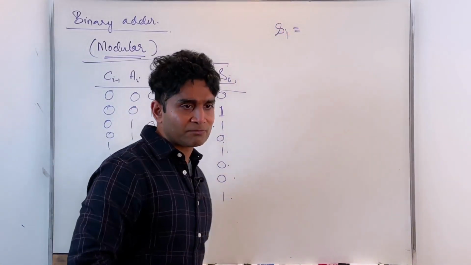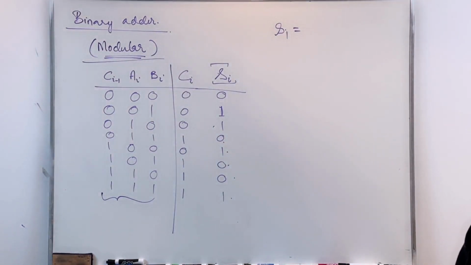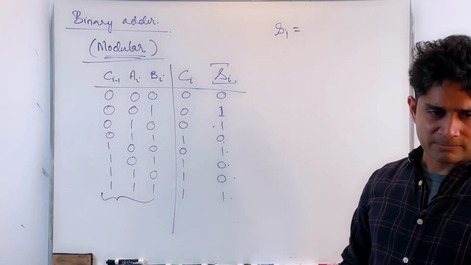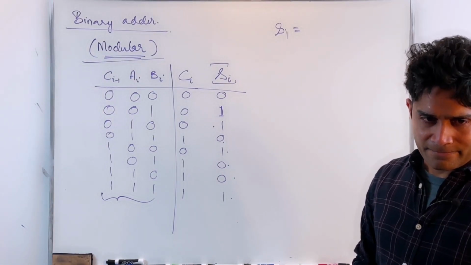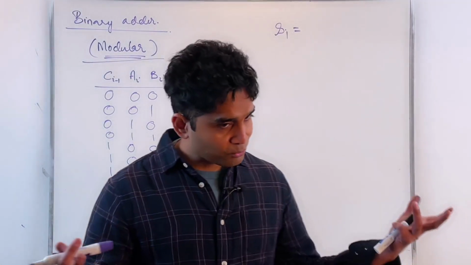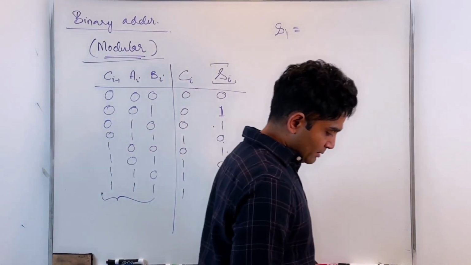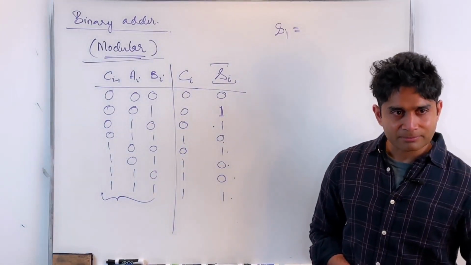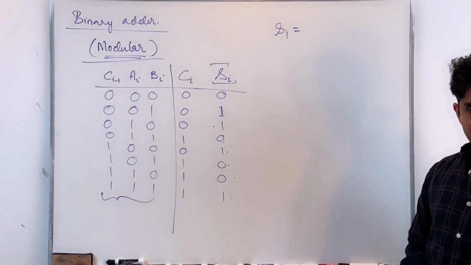How can you write Si as a function of Ci minus 1, Ai, and Bi? XOR each one, absolutely right. That's exactly what we got for the odd parity generator. In this case, Si is actually functioning as an odd parity generator.